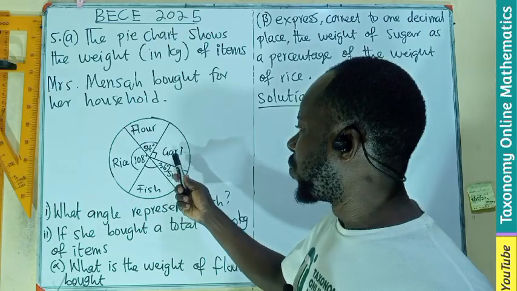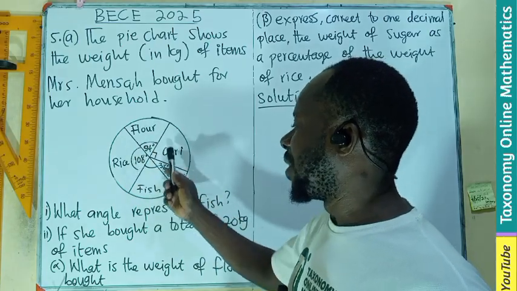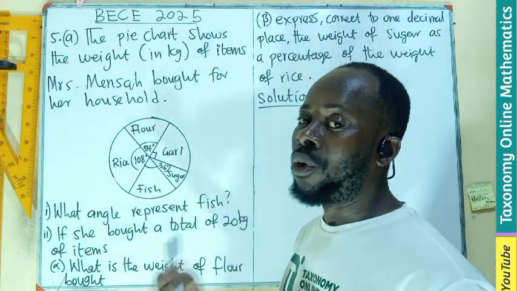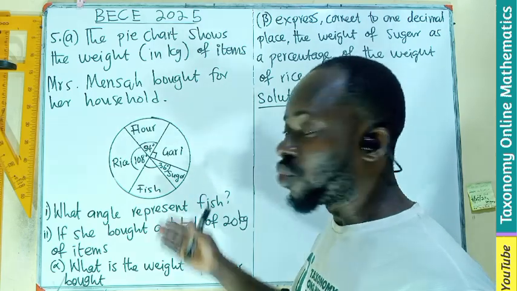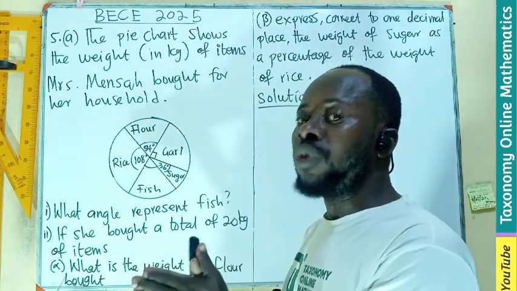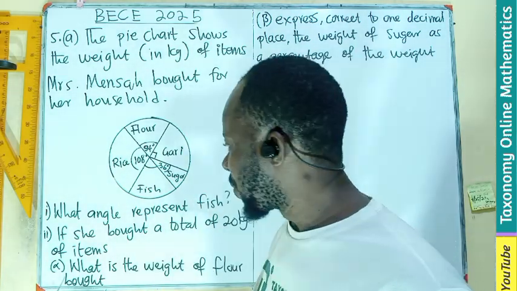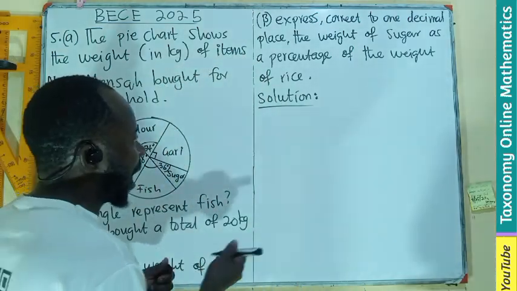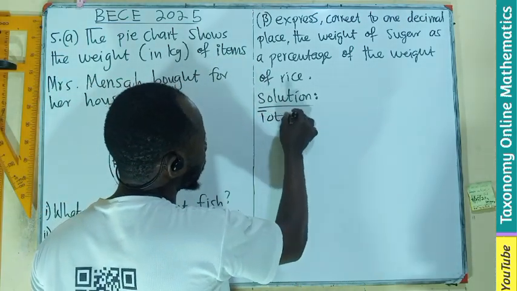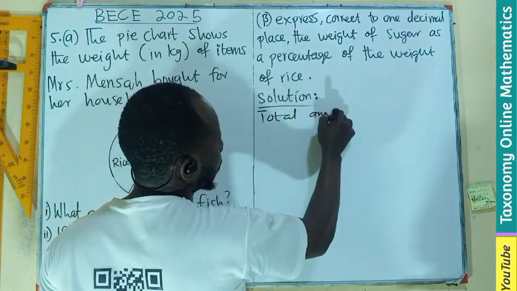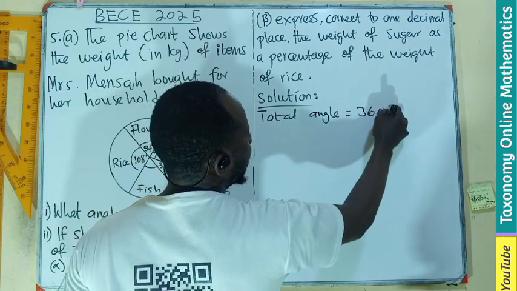So if four of the angles are known, it is just to say that the last one is what, added to the total, gives us 360. So I can only say that the total angle is going to be 360.